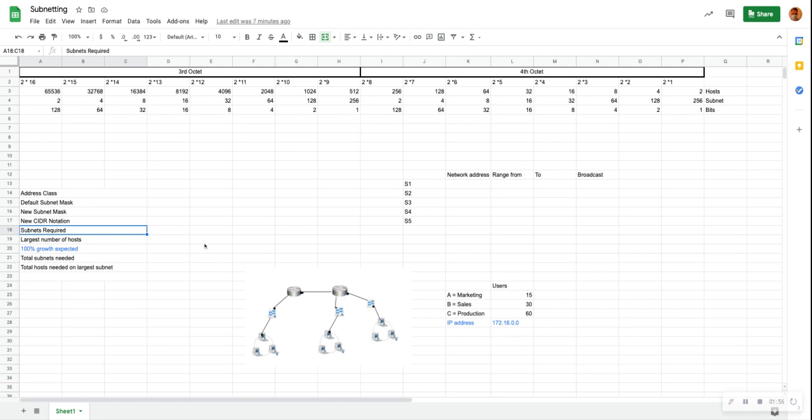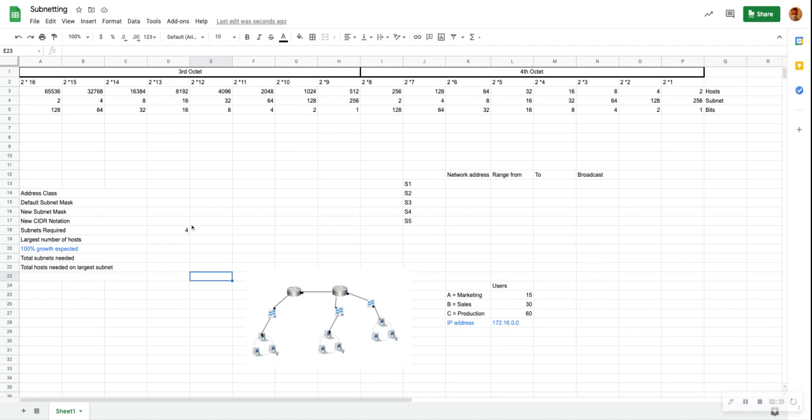So the answer to that question is that we require 4. Again, if you see a networking diagram, always count the number of hops between routers. So we've got 4 networks here, so 4 connections on the routers.